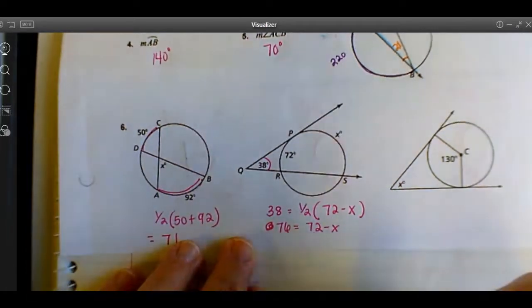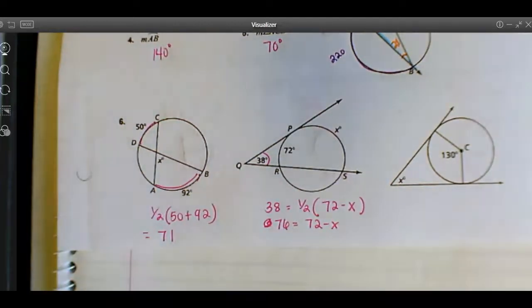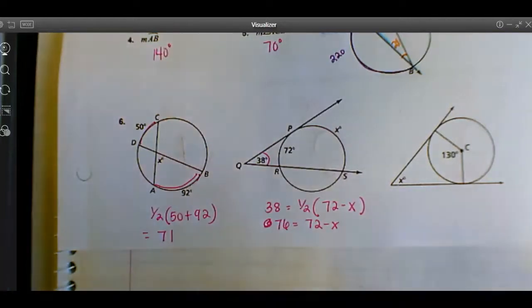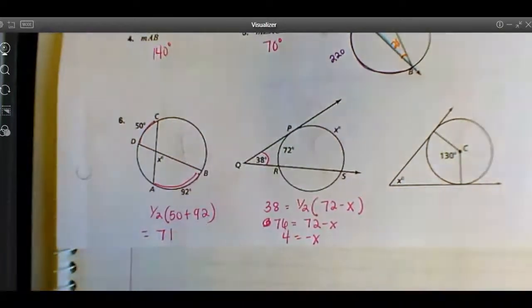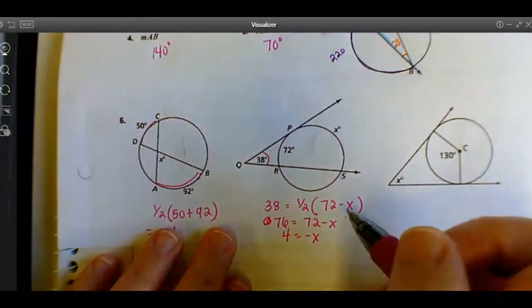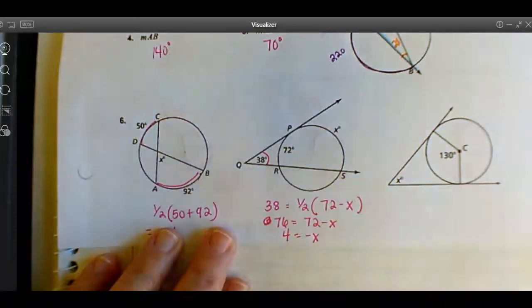So, let's see, did I do that right? Yeah. Subtract 72 on both sides. You know what? I didn't do it right. I knew something wasn't right. I did it backwards. I'm sorry.